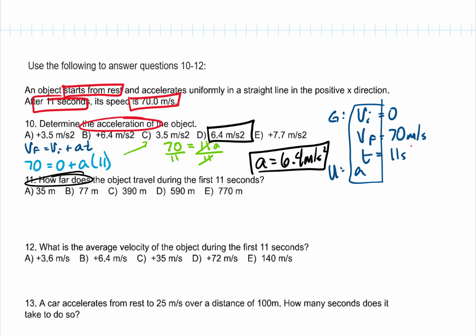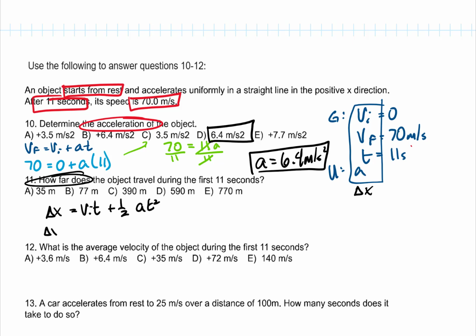How far does it travel during the first 11 seconds? So now I also want delta x. So for delta x, the easiest thing to do is to go, all right, v initial times time plus 1/2 acceleration times time squared.